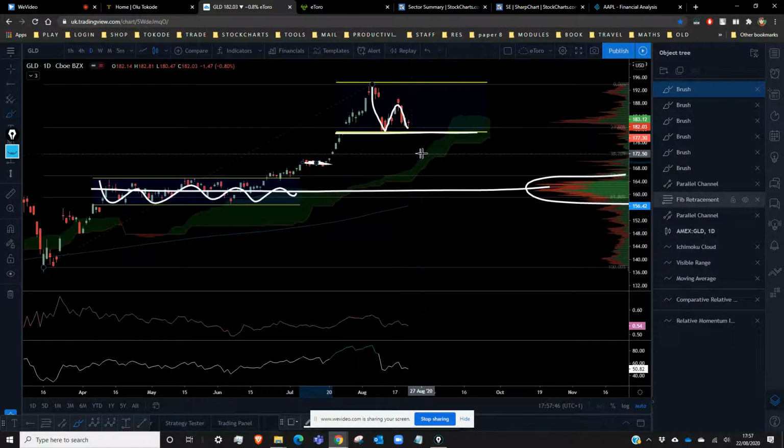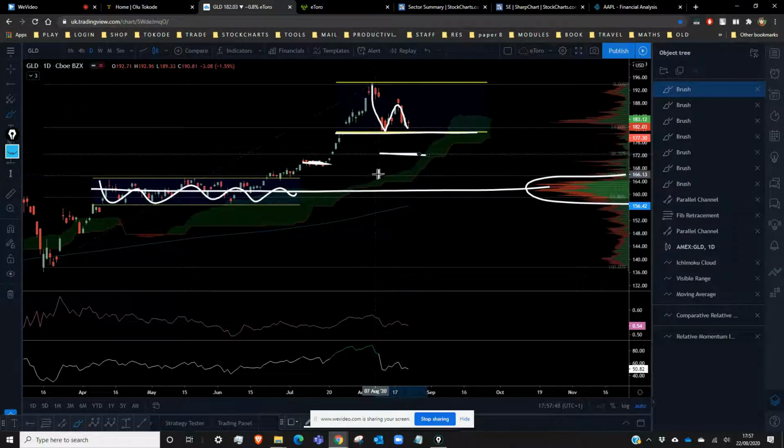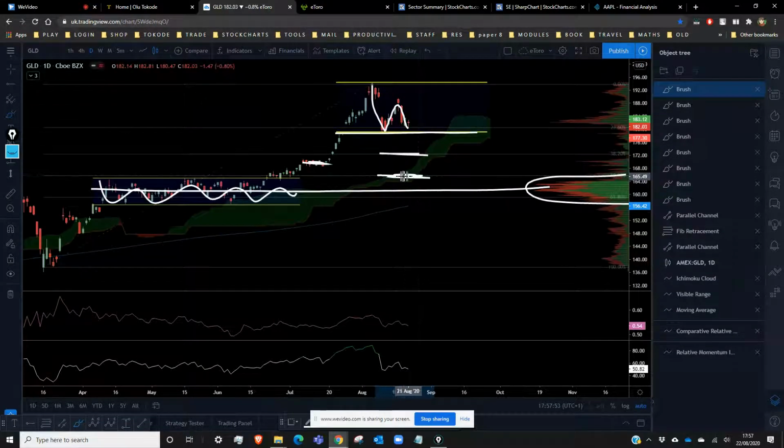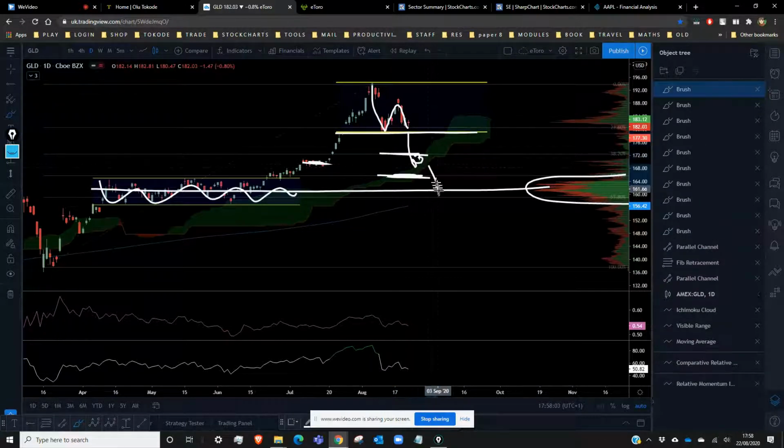So this area here could also be a support zone. So that means we're currently at support. The next support zone is somewhere here, and then down to the 160 region.